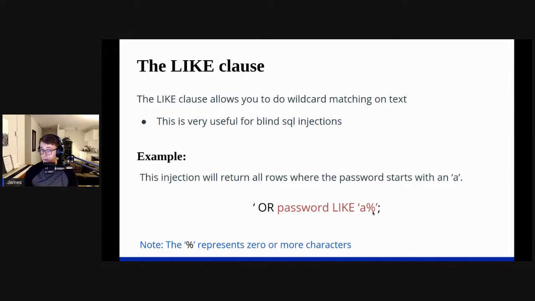What does this % symbol mean? This % symbol is a wildcard, and it represents 0 or more characters. So this injection will return all rows where the password starts with an A. It could just be A, could be AAA, ABB, could be anything, where the password is like A and then some result.